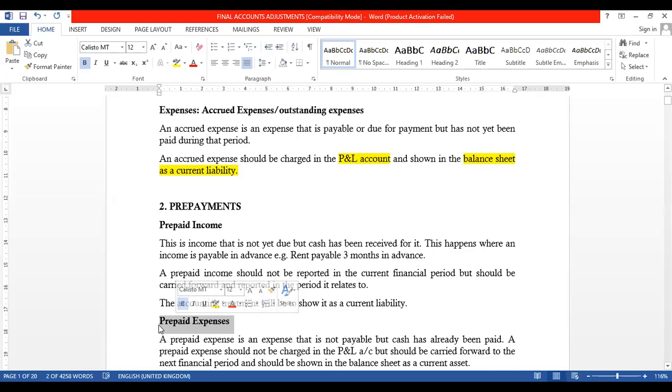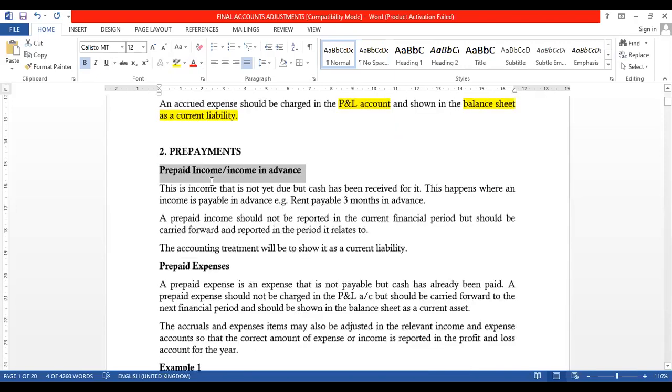It is yet to be earned, but we have already received it in advance. That is money that we call prepaid income or advanced income or income in advance. So these terms should be noted carefully.